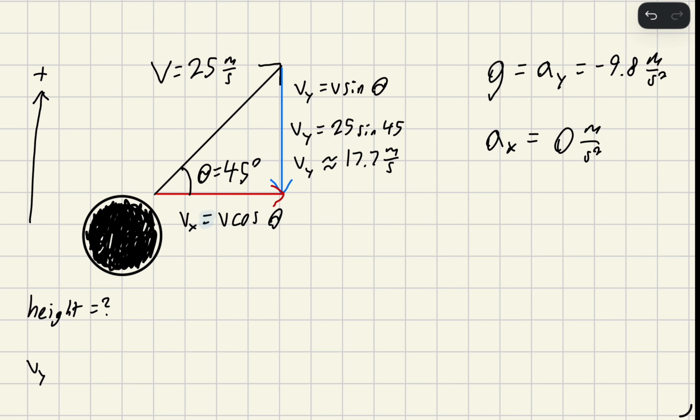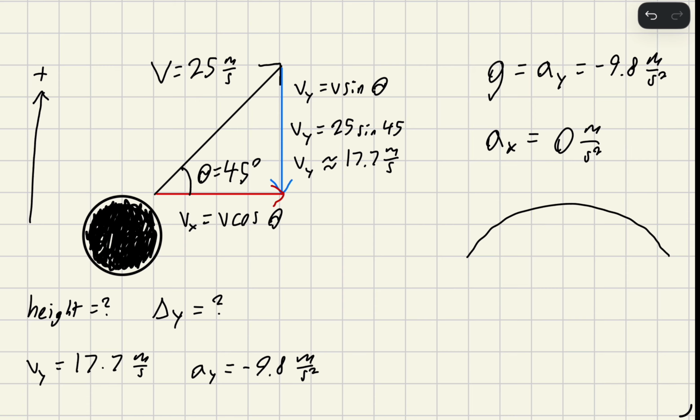So now we have Vy, we have acceleration in the y direction, and we know that we want height, which we can say is our delta y. We know it starts at 0 and it's going to reach some height.